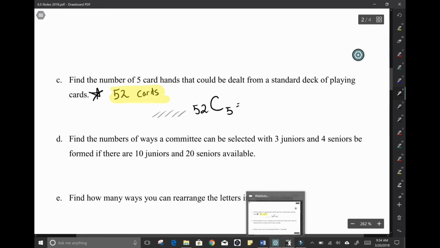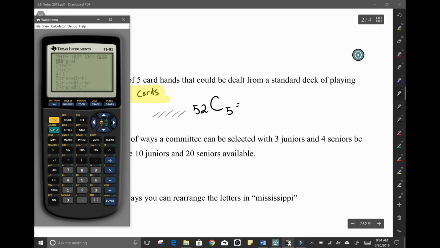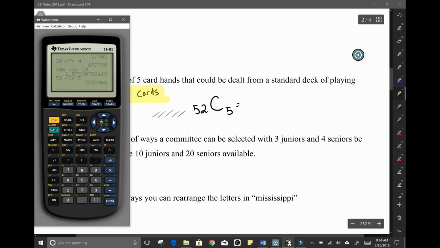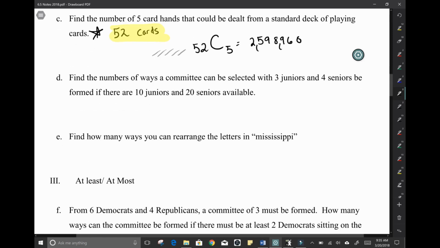This is why poker and a lot of card games are so big, because there are so many different combinations of hands you could get. There's 2,598,960, so 2 million some hands.